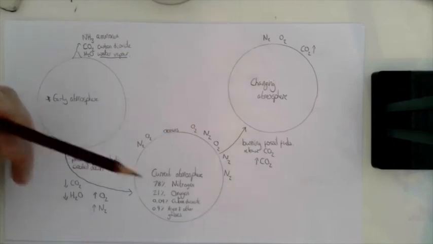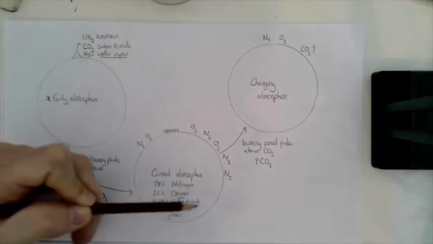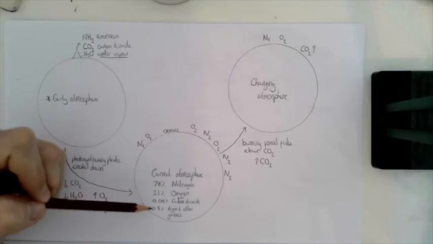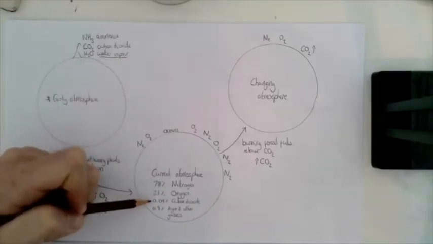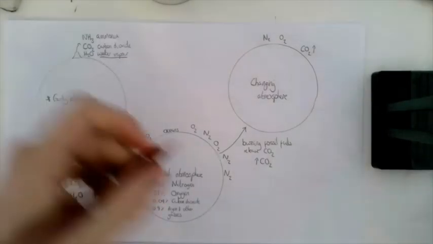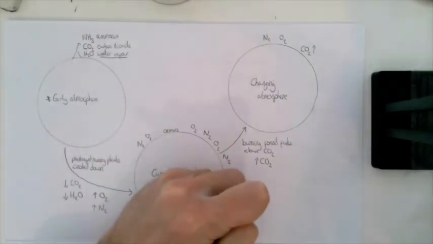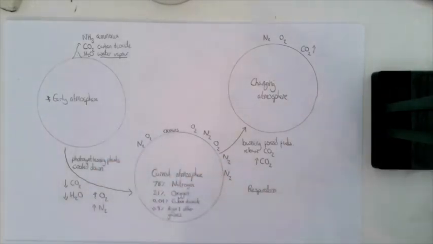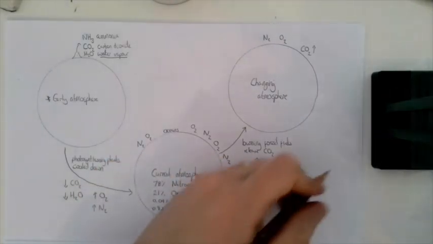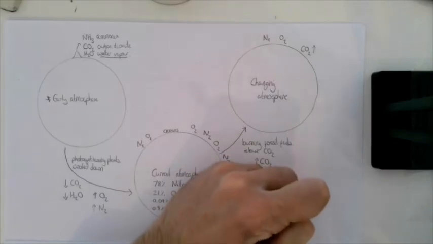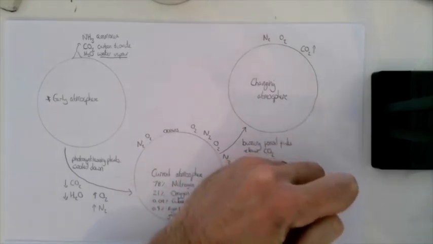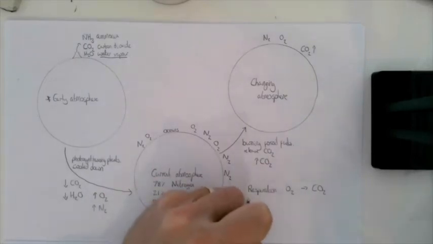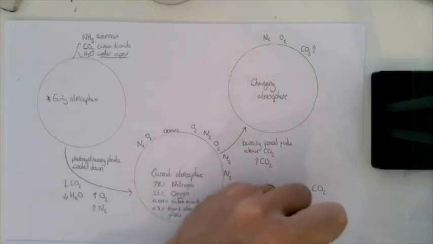So yeah, it's important to understand that the atmosphere at this stage has been stable for millions and millions of years, and we've had these percentages for millions and millions of years. The reason that it's been stable is because of the fact that respiration, so animals respire, they take in oxygen and they release carbon dioxide, and then photosynthesis, the plants take in carbon dioxide and they release oxygen.